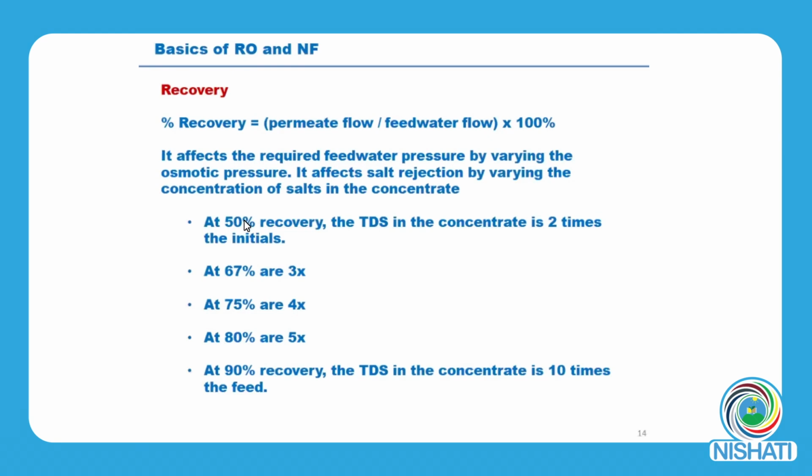About the recovery. The recovery is the permeate flow ratio to the feed water flow, in percentage, okay? So when a desalination plant is working at 50% recovery, it is important to understand that the TDS in the concentrate is twice the initial concentration, okay?